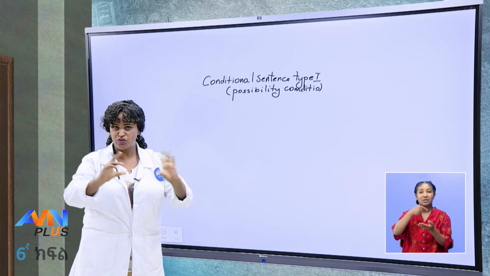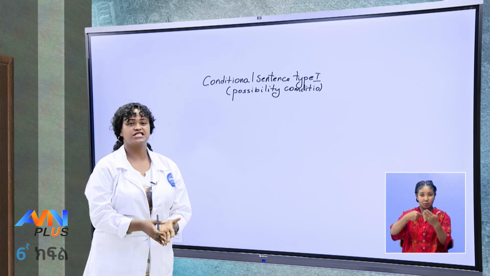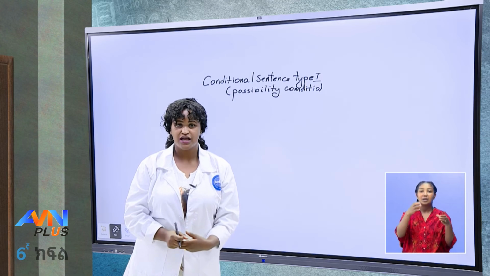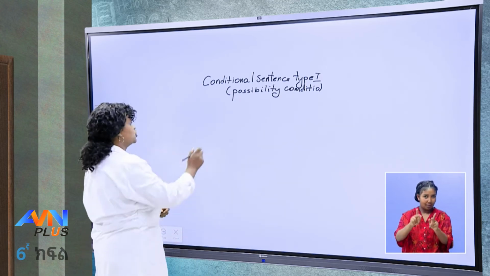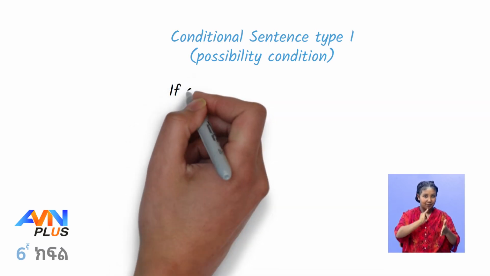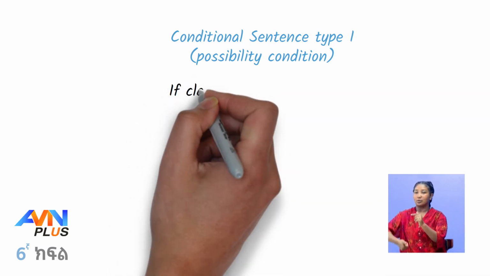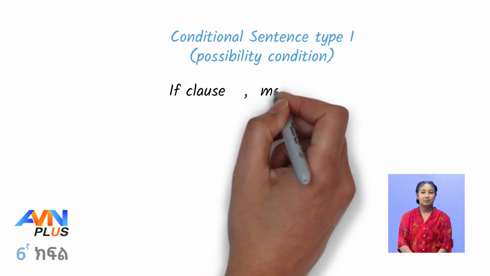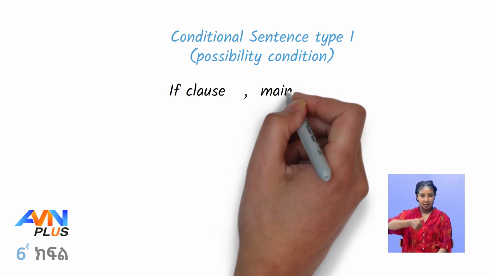And we said that when we talk generally about conditional sentences, they have how many clauses? Very good. They have two clauses. One is the if clause, and the other, the main clause.